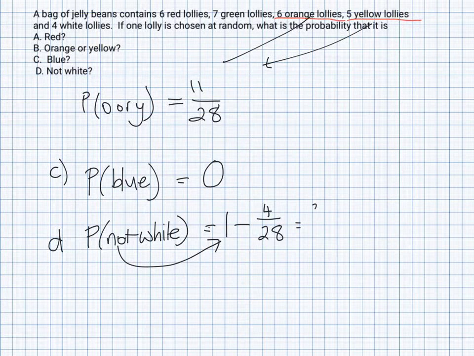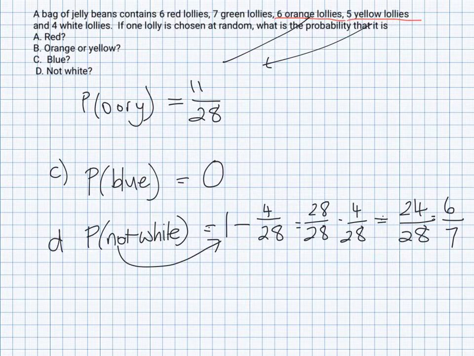So that's the same as 28 over 28 minus 4 over 28, which equals 24 over 28. And we can simplify that down. Highest common factor is 4. So 4 goes into 24 6 times, 4 goes into 28 7 times. So my probability of not getting a white lolly is 6 over 7.